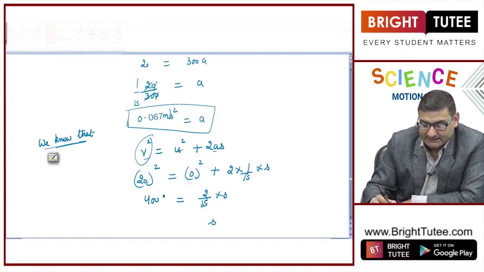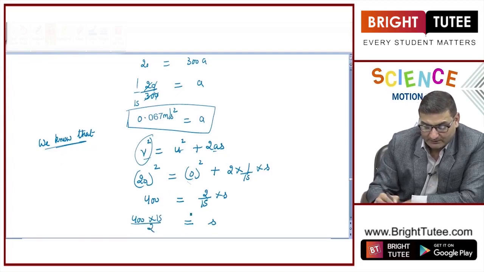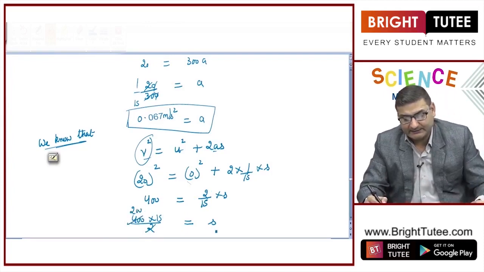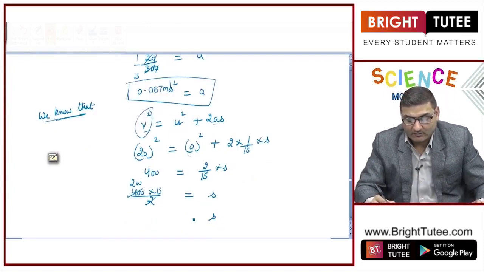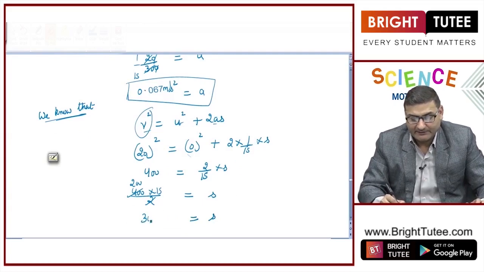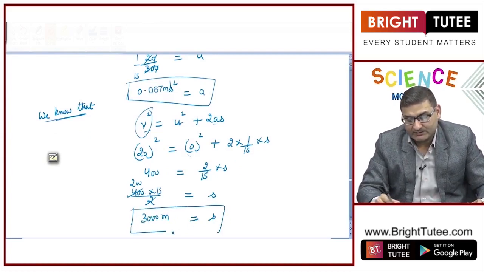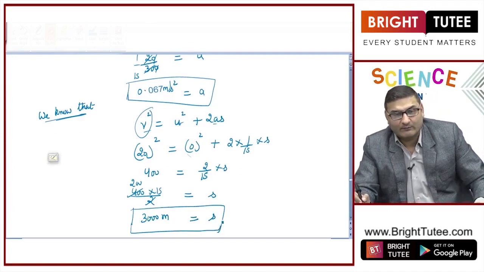Now, cross multiplying, I will get 400 multiplied by 15 by 2, and cancelling it out, I will get 200 times 15, and therefore, s or the distance travelled will be 3000 meters. This is the distance travelled.